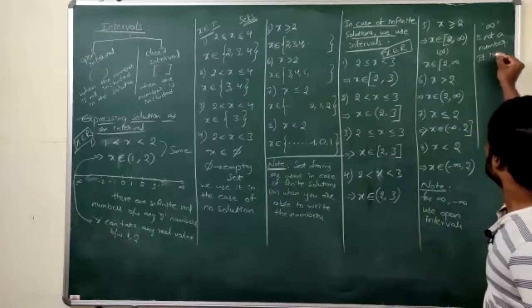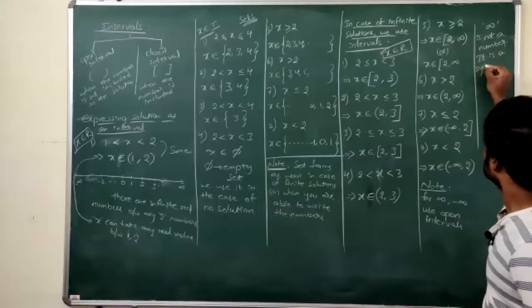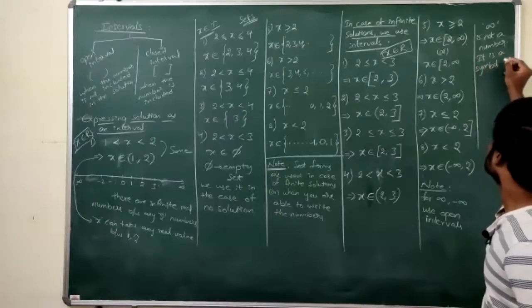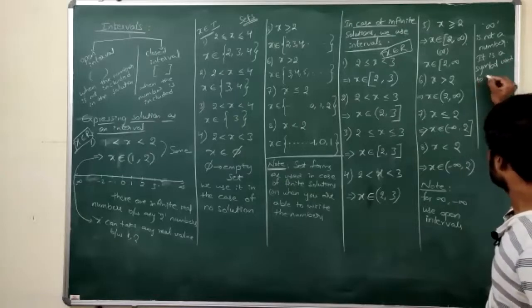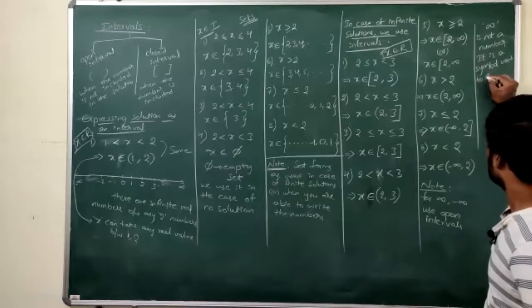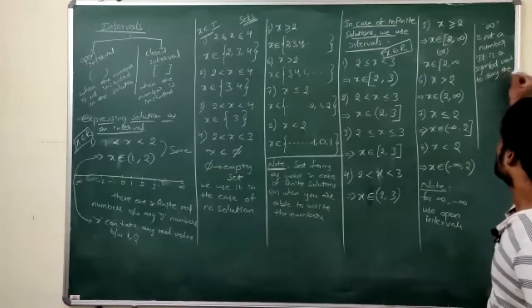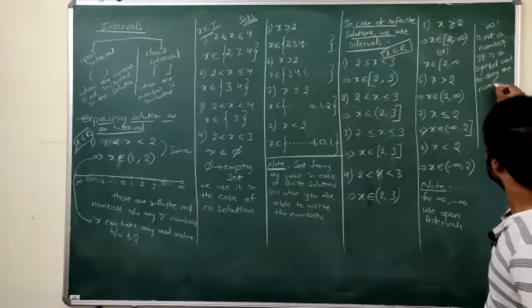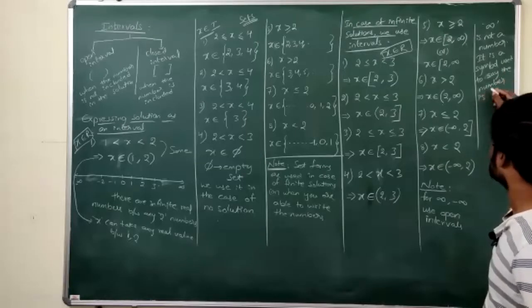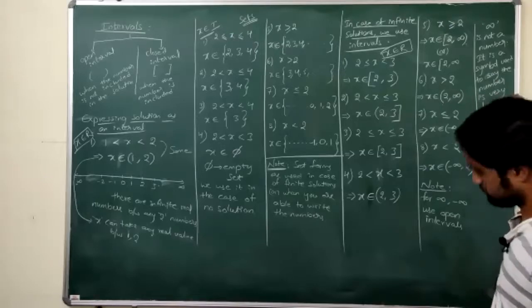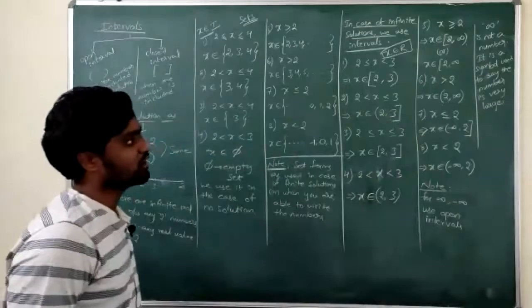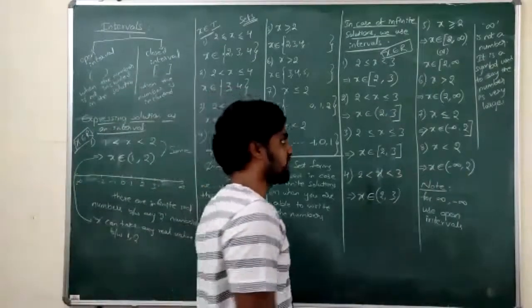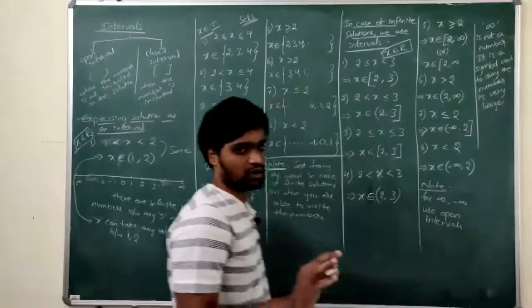It is a symbol used to say the number is very large. Infinity is not a number. It is a symbol just used to say the number is very large. That's it. It is not a number.